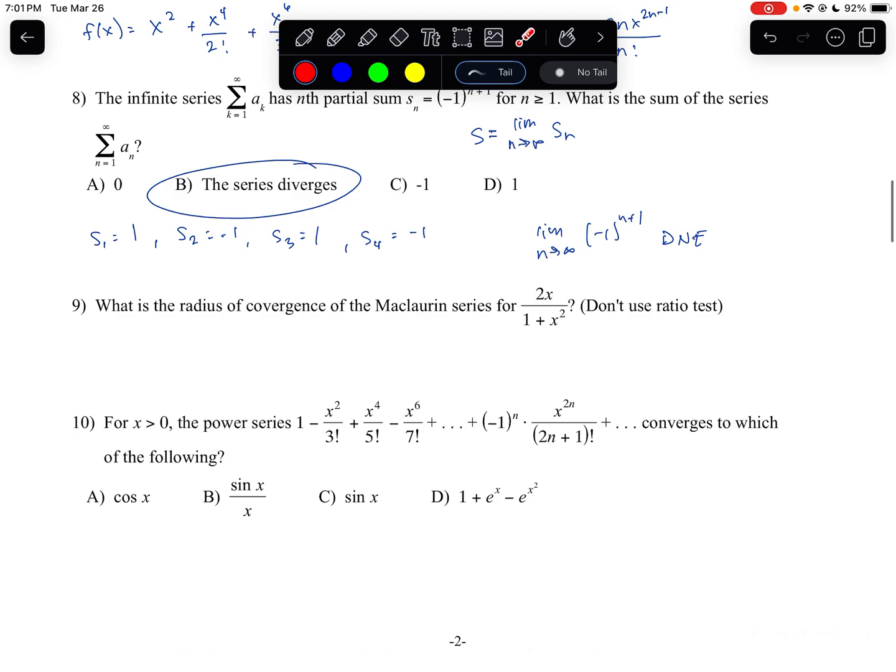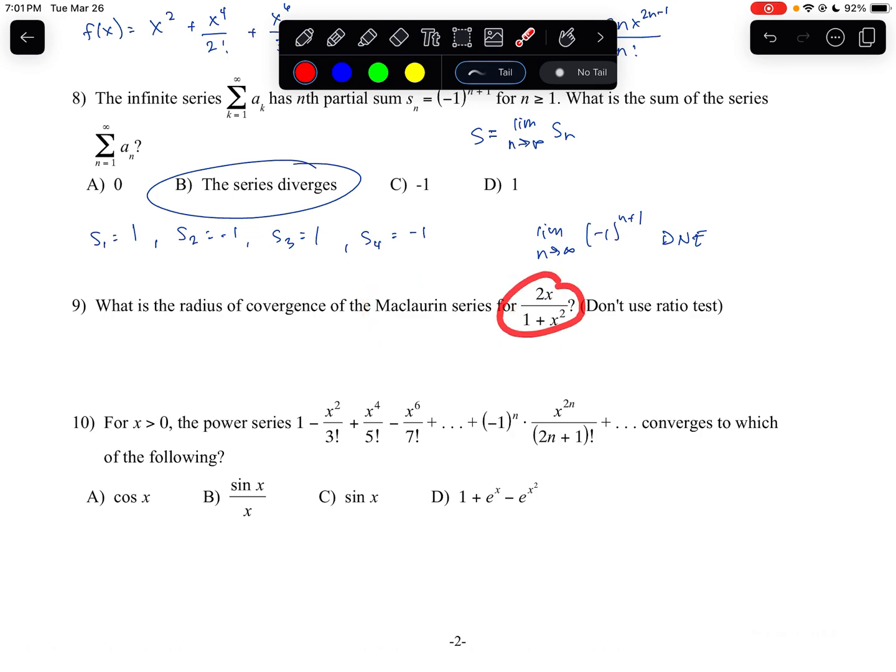Okay, what is the radius of convergence of the Maclaurin series for this right here? I say don't use the ratio test. This isn't a series. Well, okay, this is the sum of the series. So the sum of this Maclaurin series is going to be equal to this right here.